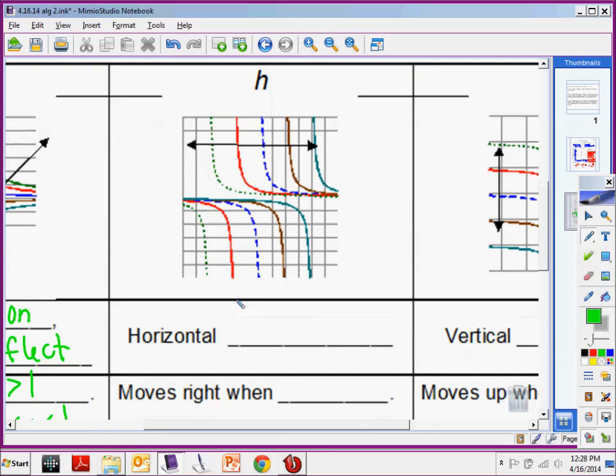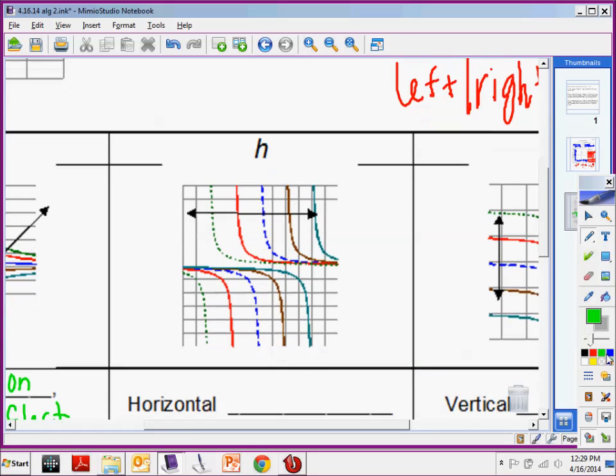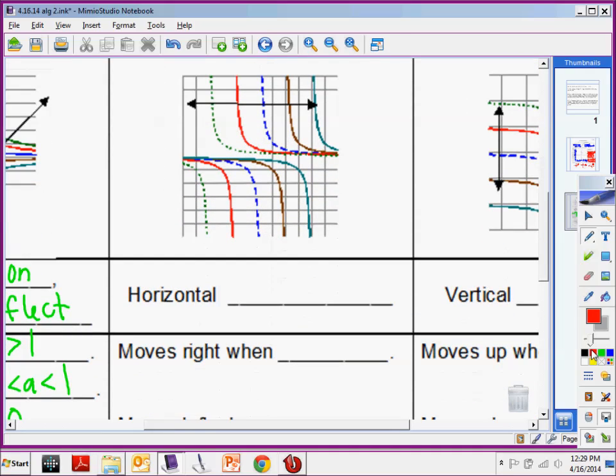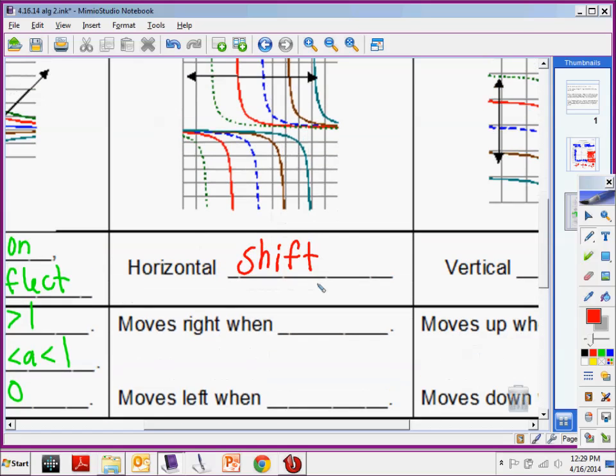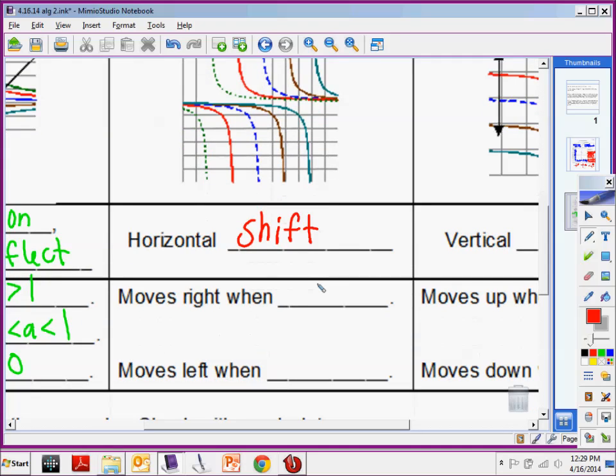Alright, what is H again? H is my horizontal shift, left and right. It moves right when you're subtracting, and it moves left when you are adding.